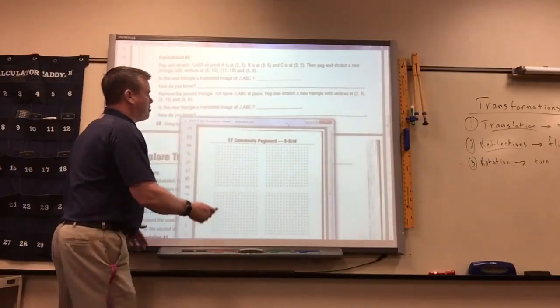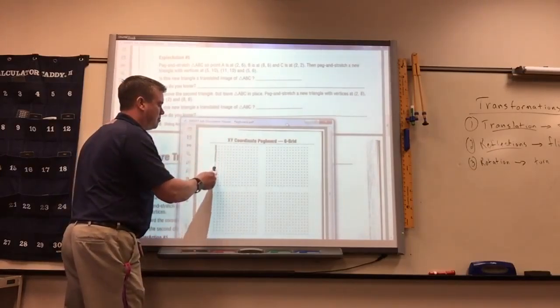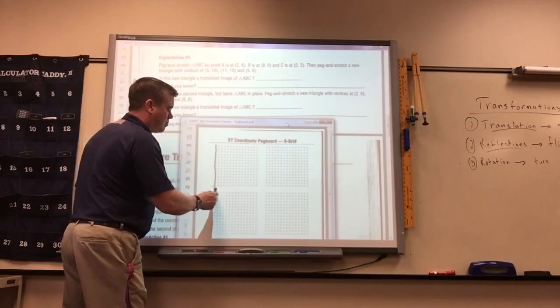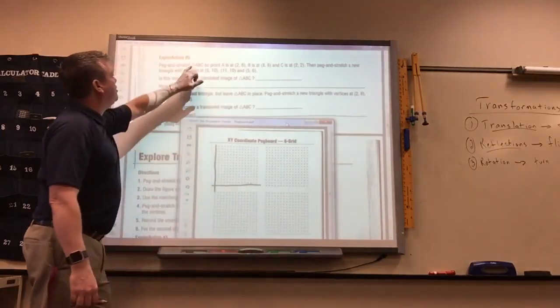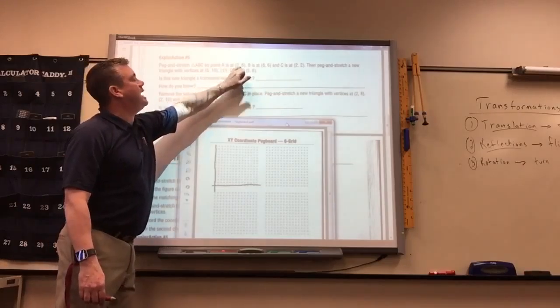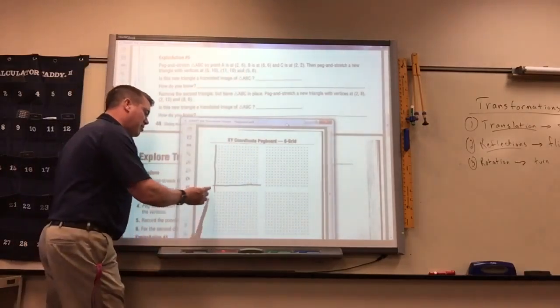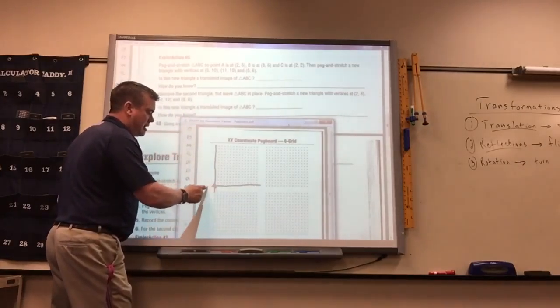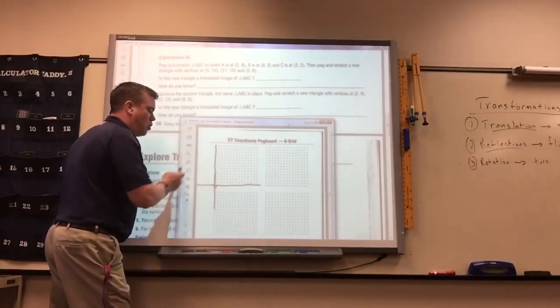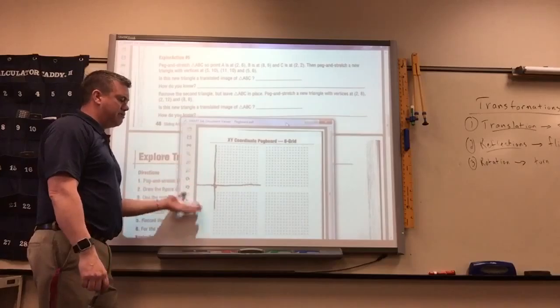Now, this is all first quadrant. So when you plot these points, triangle ABC, A is at 2, 6. Now remember, you always start at the origin. The coordinate is actually like this, X, Y. It's just we don't need to go left or down.